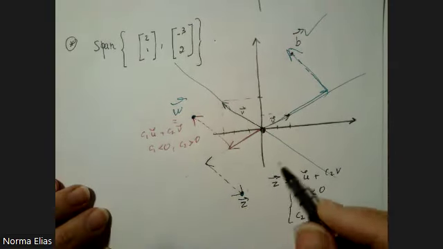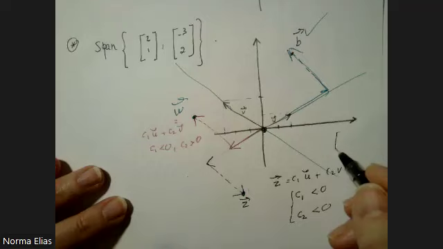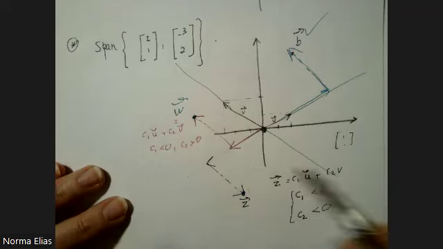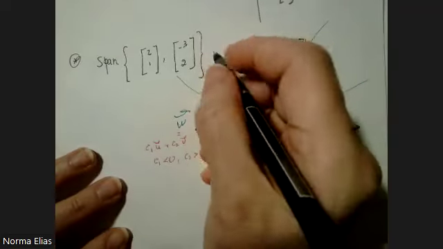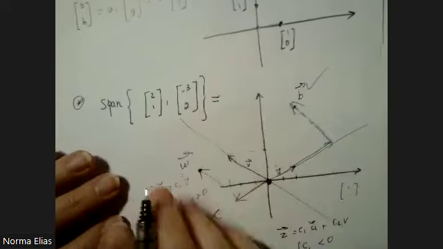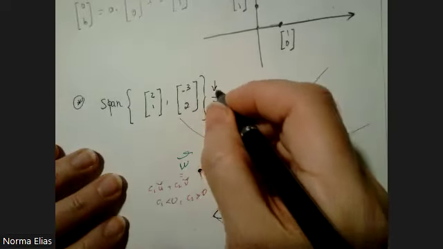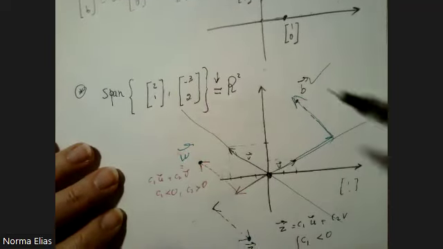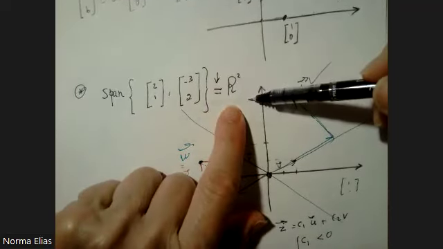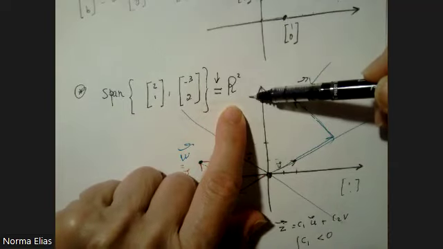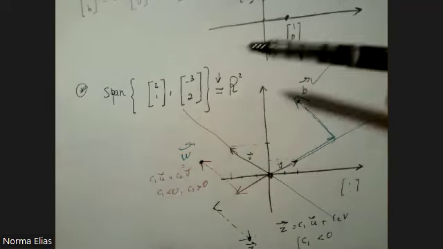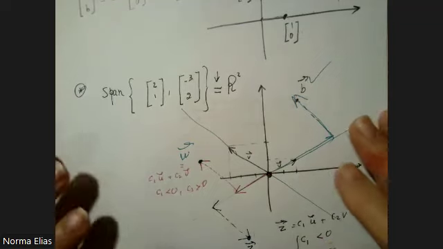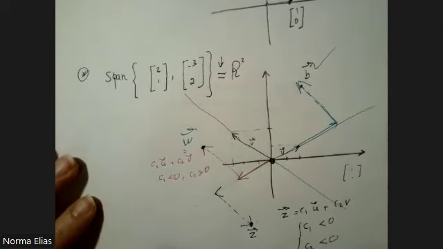So for any vector in R2, any list of numbers, I can write it as a linear combination. This allows me to write equality here with R2. Geometrically, that means anything in R2 I can write as a combination of those two, which is something you alerted to at the beginning of the lecture.